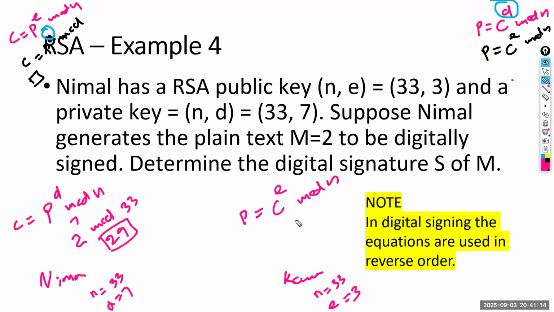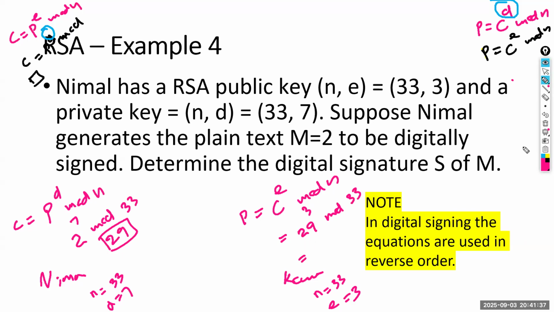Now you need to show that when you give 29 here, you get the original 2. So the sign text in this case is 29 to the power 3 mod n, where n is 33. So now you need to calculate this and show 29 to the power 3.